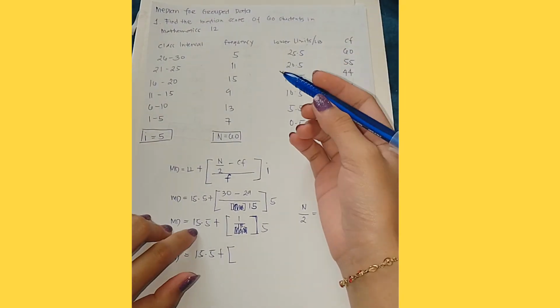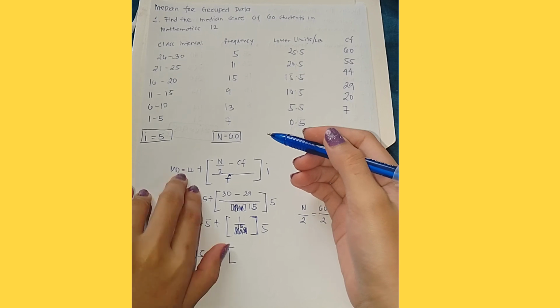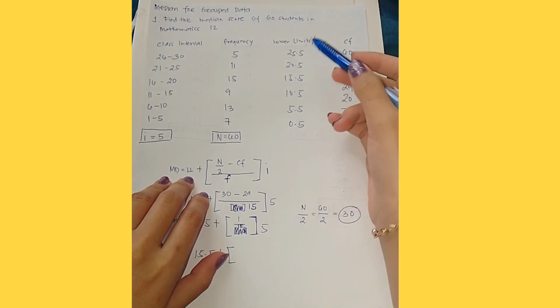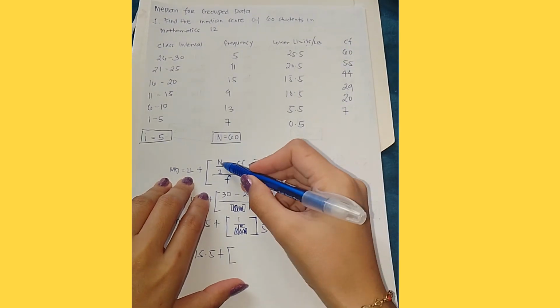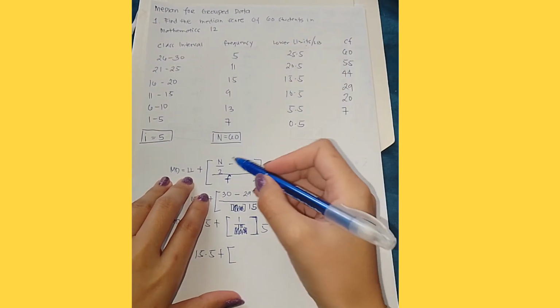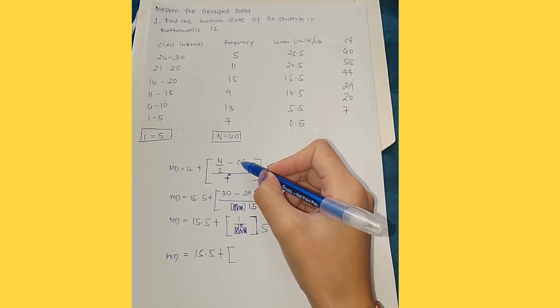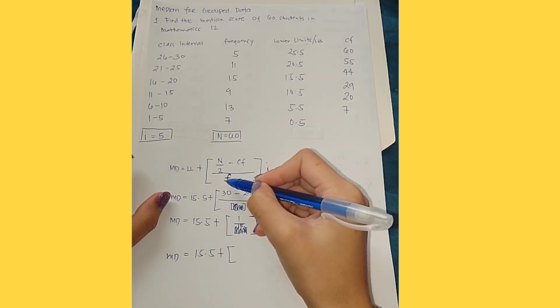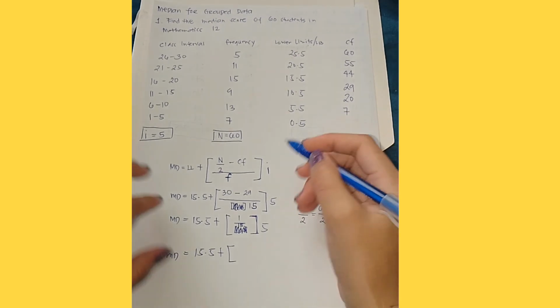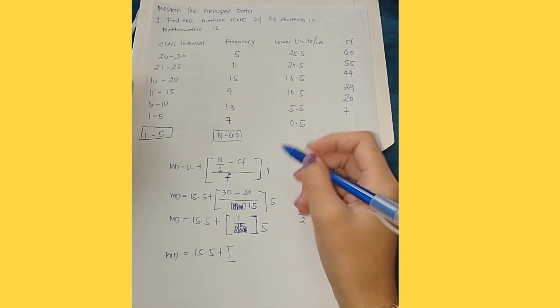So again, our formula is MD is equal to LL, or the lower limits or lower boundary, plus N over 2 minus CF, or the cumulative frequency, over F times I. I is the class interval.